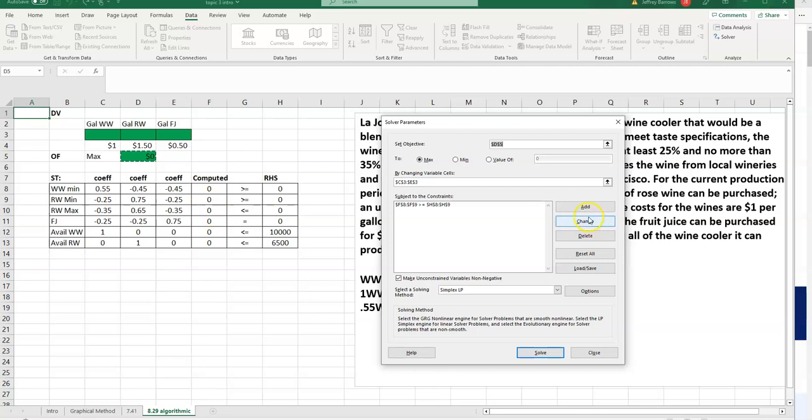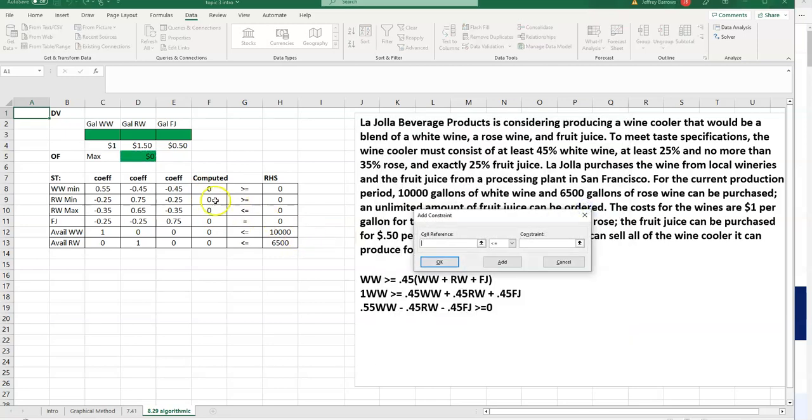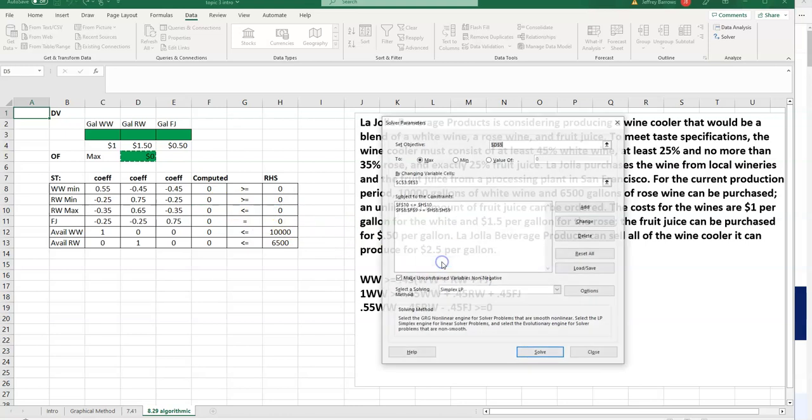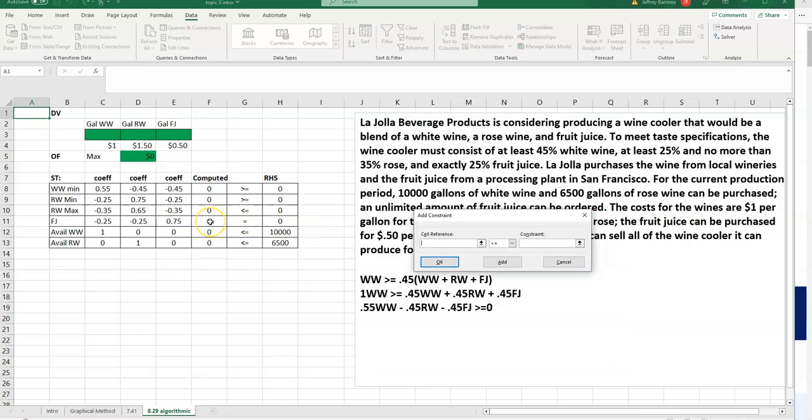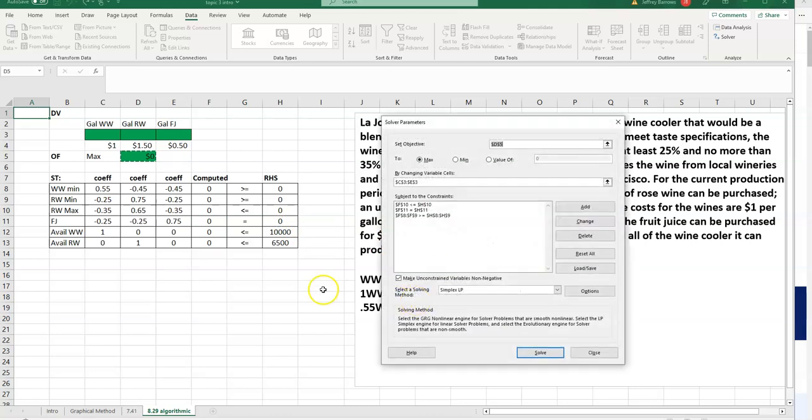This one is less than or equal to, so let me just add that by itself. The computed value will be less than or equal to the right-hand side, and that's okay. This one's by itself, so we're going to add this, and we'll say that this value must be equal to this value, and we'll say okay.